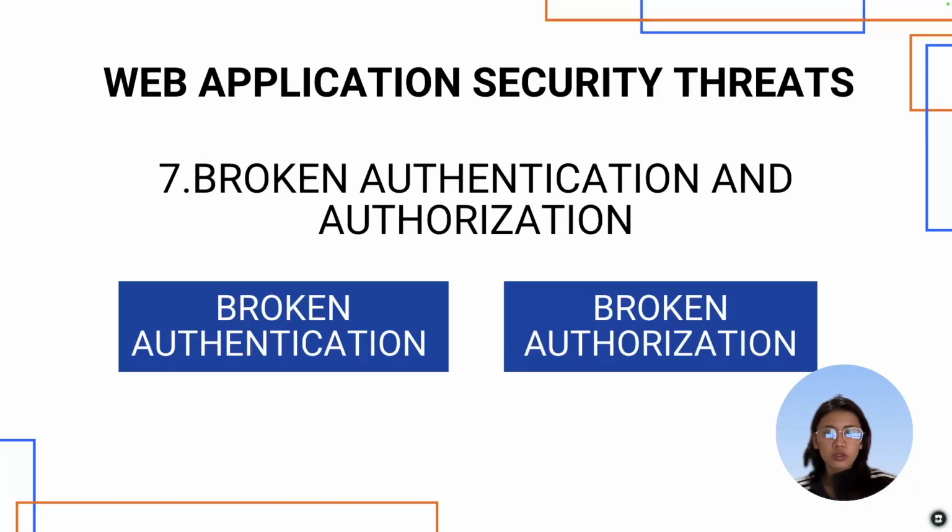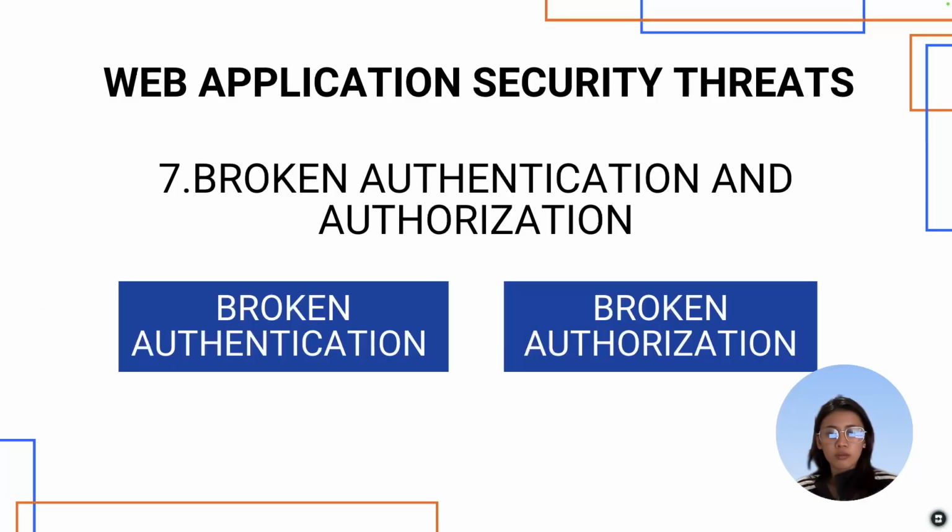So unauthorized access to other accounts can be an impact of broken authentication, but we can also prevent this. All of the security threats have preventions. Okay, so prevention is the implementation of multi-factor authentication, the use of secure password policies, and protecting login mechanisms.